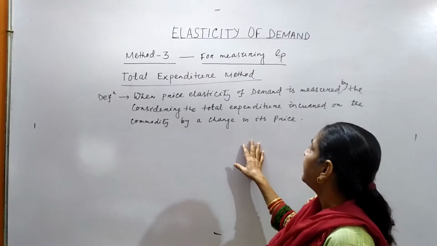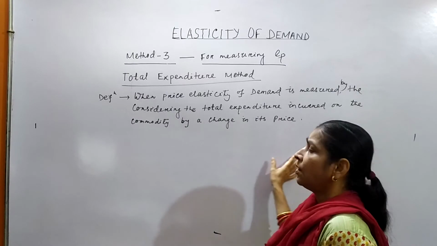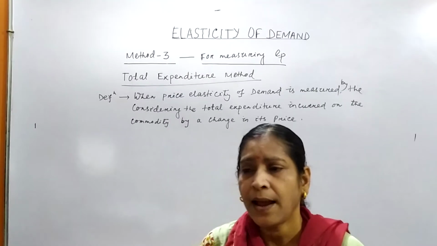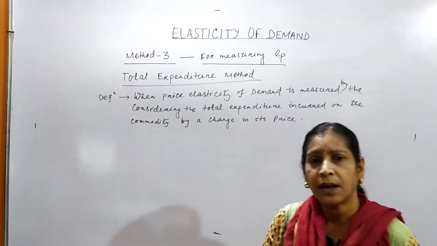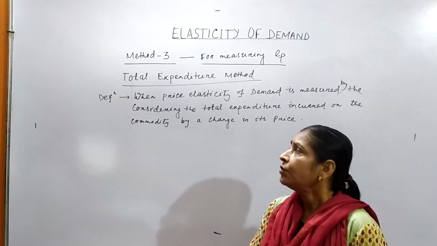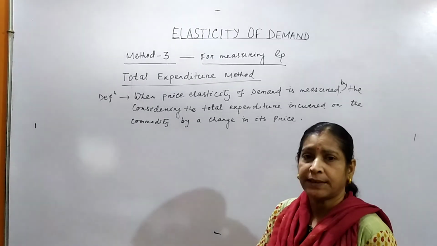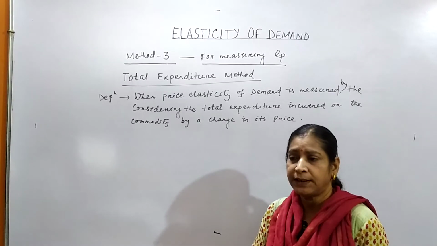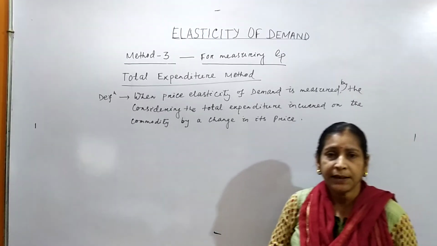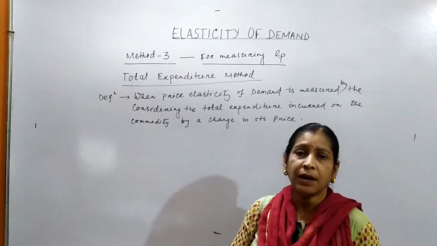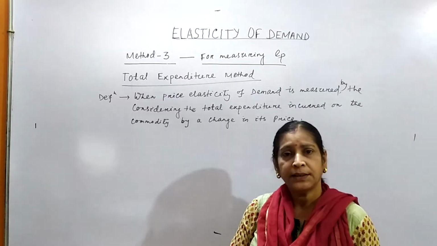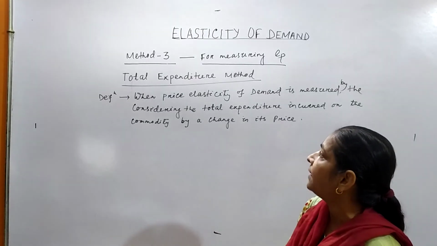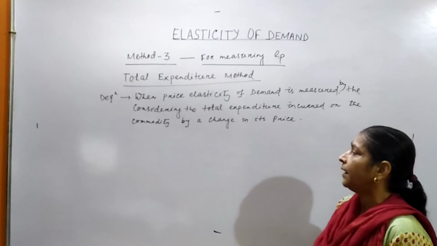So as quantity changes, the commodities purchased by the consumer require some expenditure, so their expenditure also changes. So due to a change in price of the commodity, the total expenditure incurred by the consumer also changes. This method is known as total expenditure method.